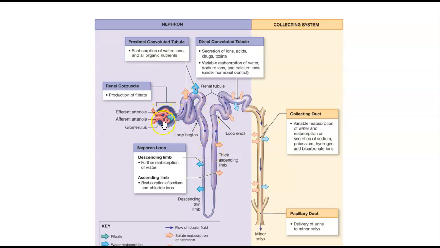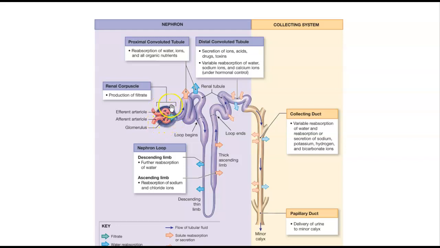The renal corpuscle consists of the glomerulus, which is this ball of capillaries. Glomerulus and glomerular capillaries are the same thing. The blood vessels are called the glomerulus, but this cup is called the glomerular capsule.